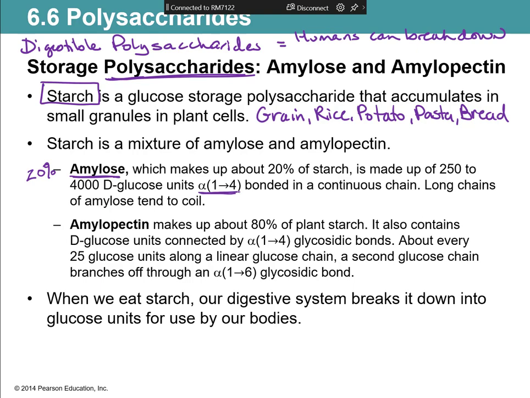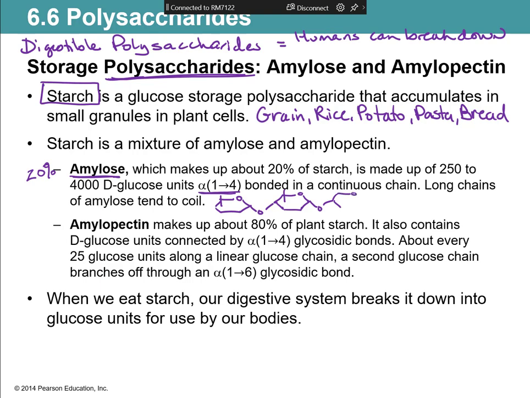So alpha 1 to 4, does it look like a V or a zigzag? So if I drew a little glucose molecule looking like that, right, just not putting in all of the parts, a V is the link. So these are connected. That would be 2. Then I'd have to do another one.